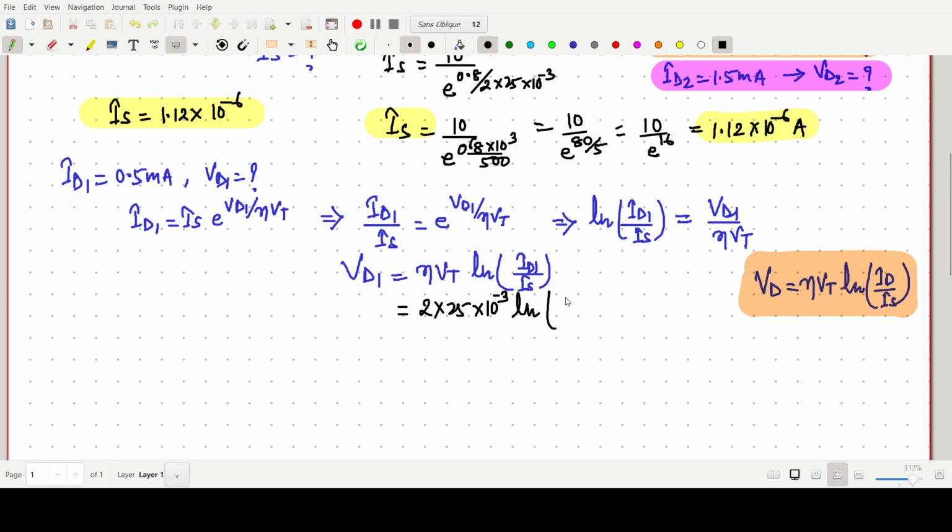Id1 value is given as 0.5 milliampere, that is 0.5 into 10 to the power minus 3, upon Is, which is already known to us, 1.12 into 10 to the power minus 6.